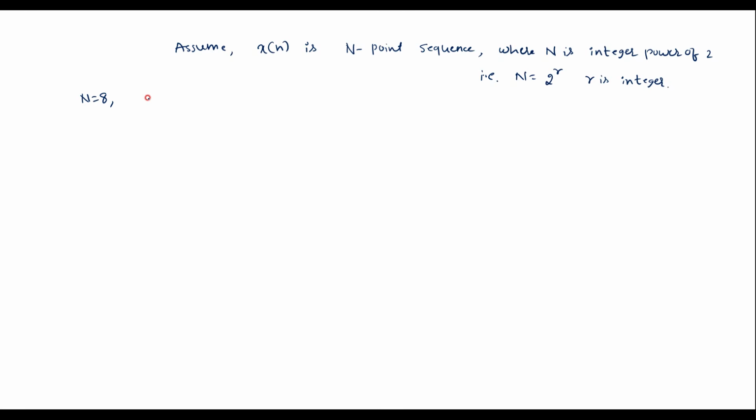In that case, I can represent x of n as consisting of 8 samples, that is x of 0, x of 1, x of 2, x of 3, x of 4, x of 5, x of 6, and x of 7.